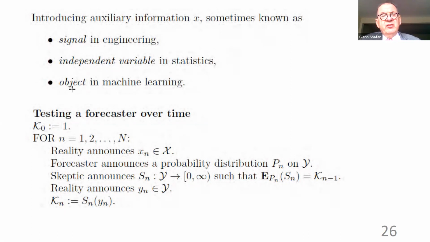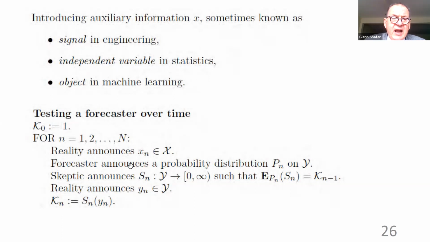In machine learning, it's sometimes called the object. Y is the label, X is the object. Anyway, in this game-theoretic framework, we put it into the game. We have Reality announce a signal. Then Forecaster announces a probability distribution. Then Skeptic announces a bet and Reality announces the outcome.